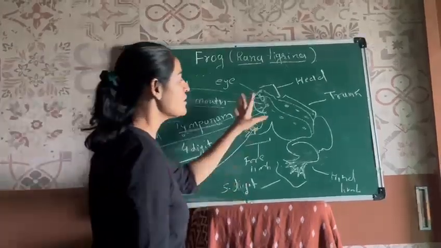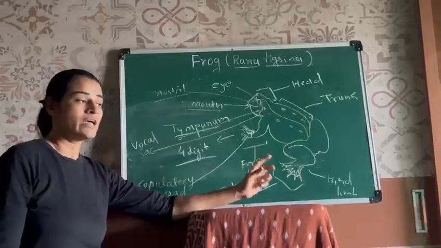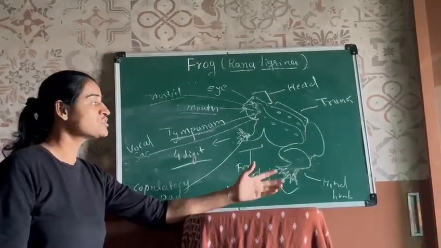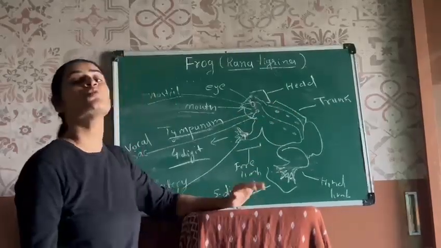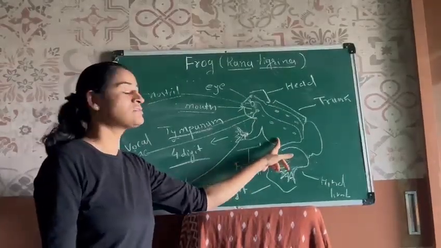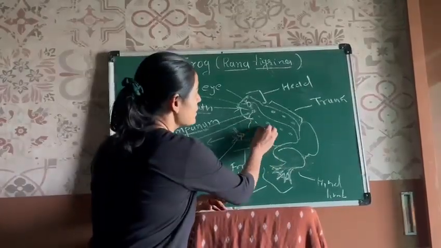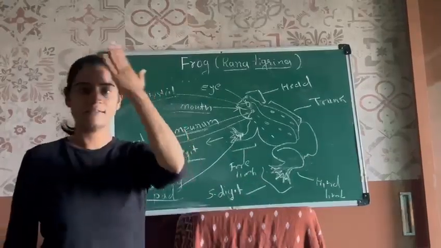Okay, now the coloration of the frog. If you see the coloration, the frog is an animal with a dark olive green body with dark patches. The dorsal and ventral surfaces have a difference. The ventral side is lighter in color, pale yellow, the belly side. This is the dorsal side and this is the ventral side.